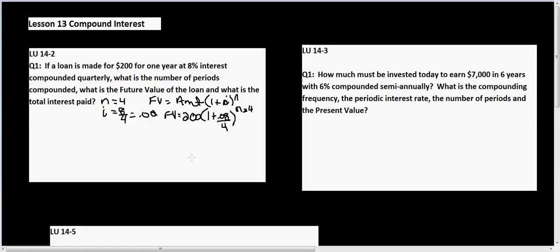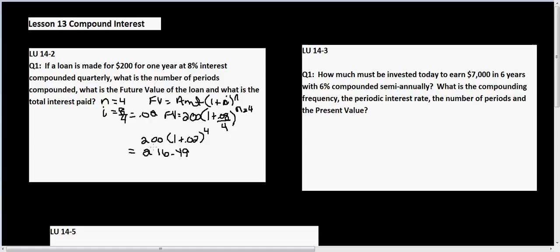All right, what does this come out to? It comes out to being 200 times 1 plus 0.02 to the power of 4. What does all of that equal? It comes out to be $216.49.